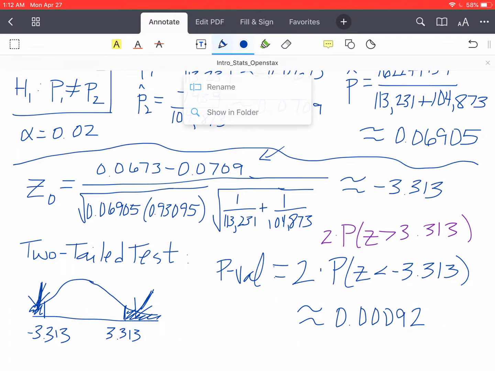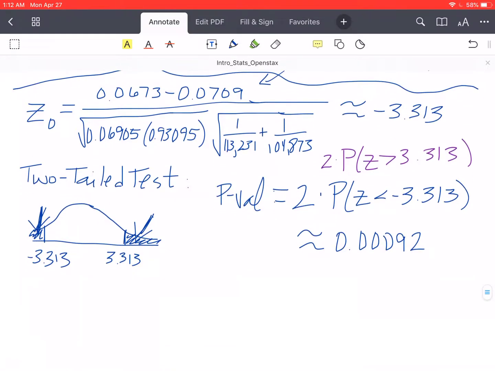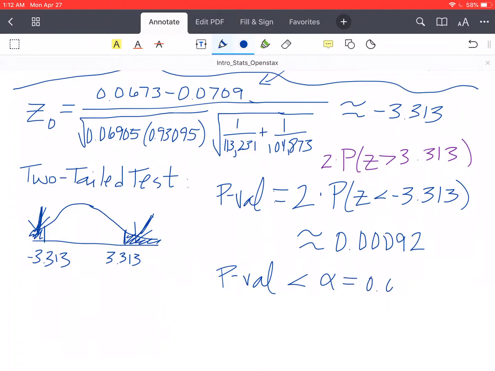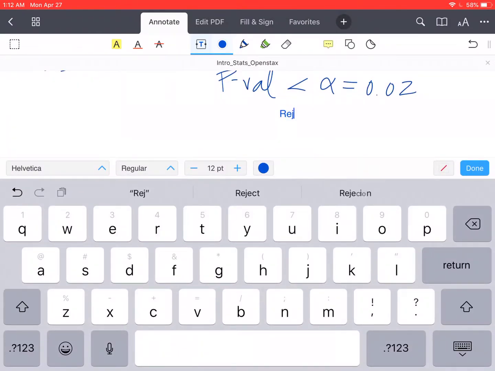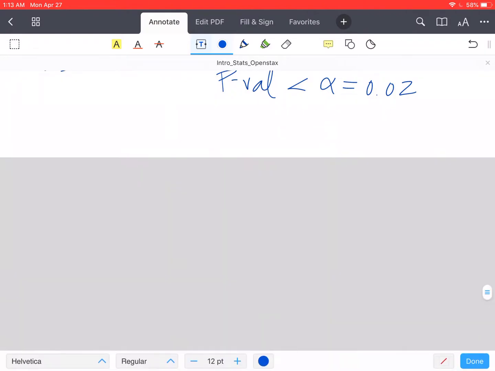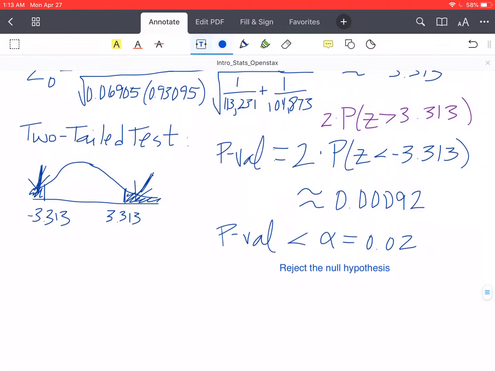And if we look at that p-value, it is certainly smaller than our alpha value, right? So the p-value is less than alpha, which was 0.02, which means for the first time today, we do get to reject the null hypothesis, because our p-value is finally smaller than alpha. So we can say that there is sufficient evidence to show that the proportion of forcible rapes was different between the two. Not necessarily saying greater than or less than. We're not making that conclusion.